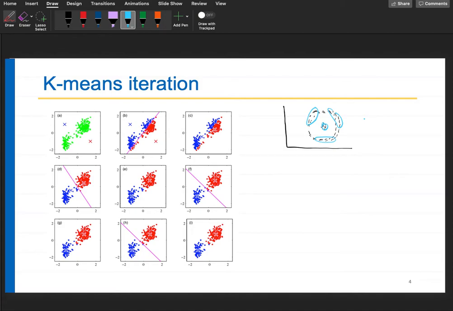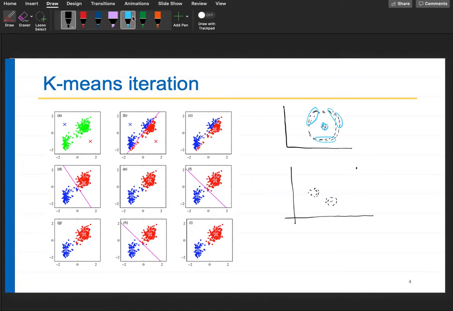Very good insight that if we have outliers which are very far, let us say I have one cluster here, and one outlier here, this will spoil my whole clustering.